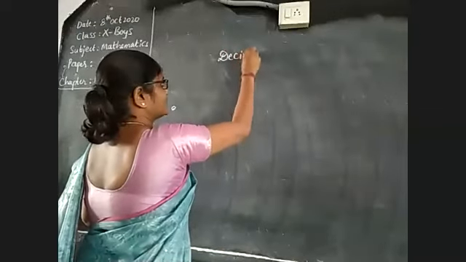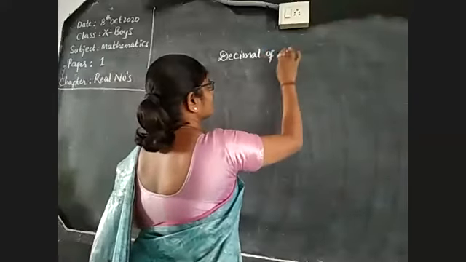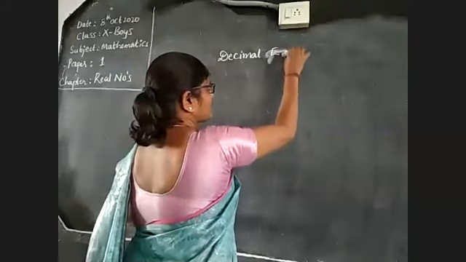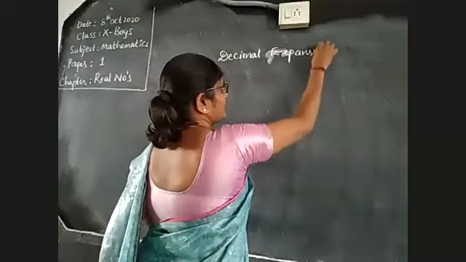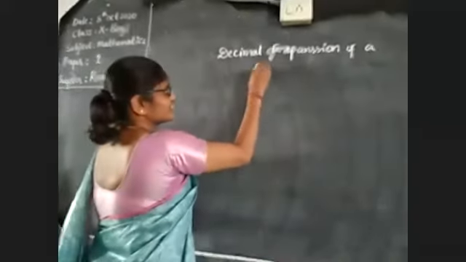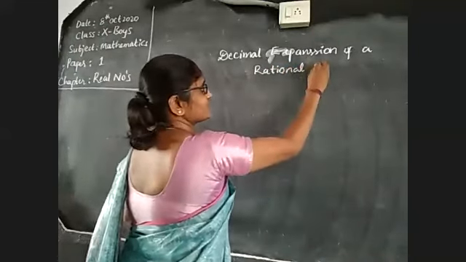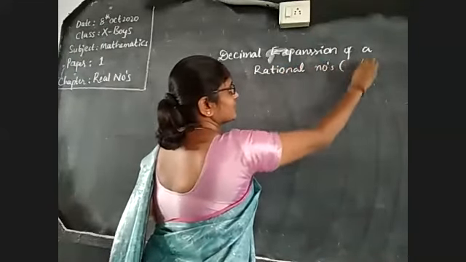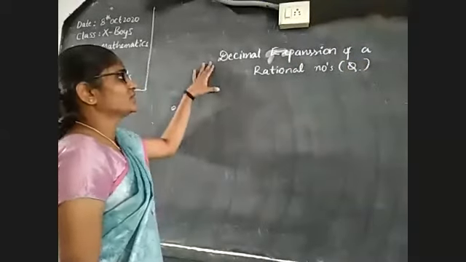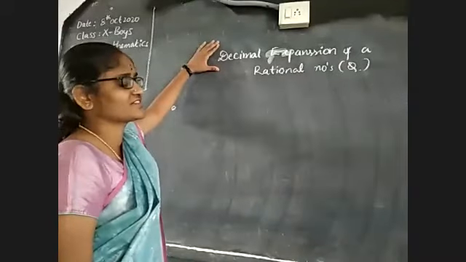Decimal expansion of a rational number. The set of rational numbers is denoted by the letter Q. This is the topic which we took yesterday.